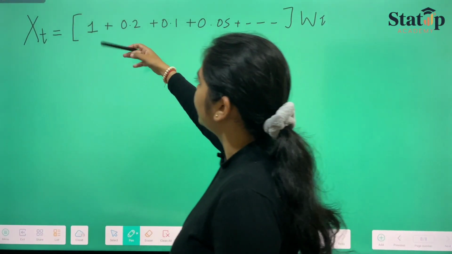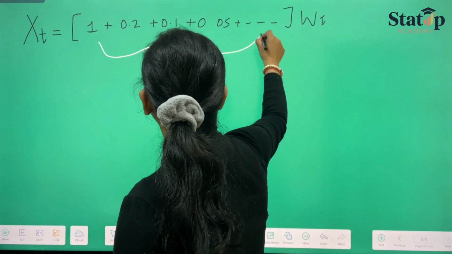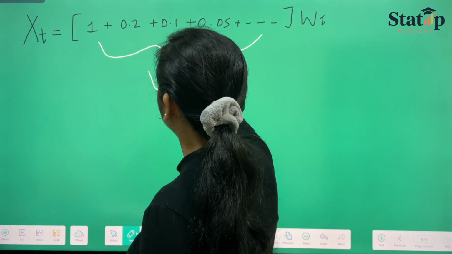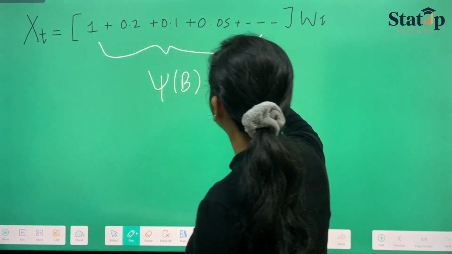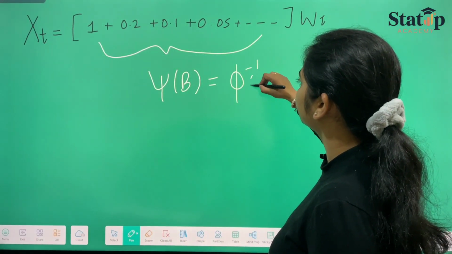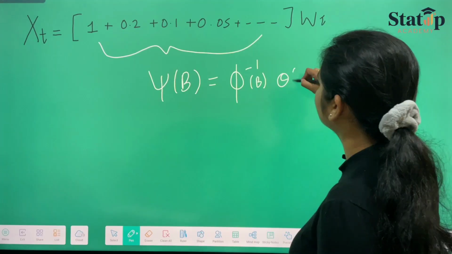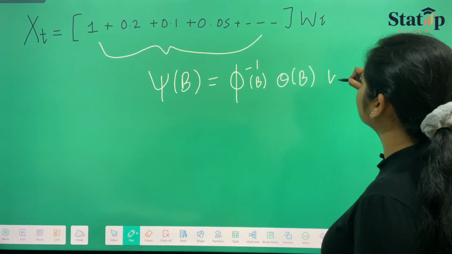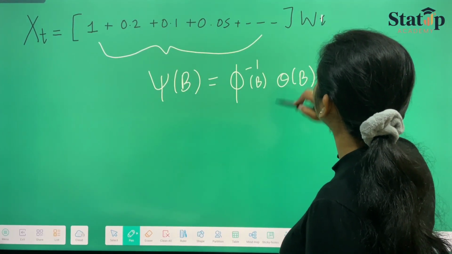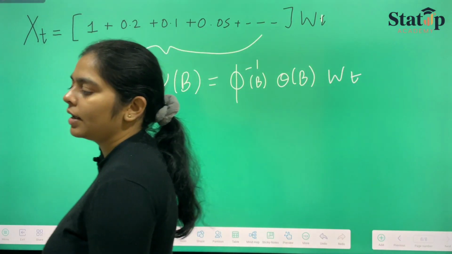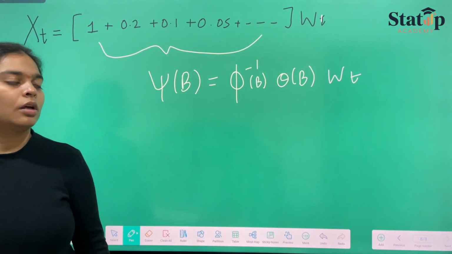This is our Wold's identity, phi b. And hence this completes our question.